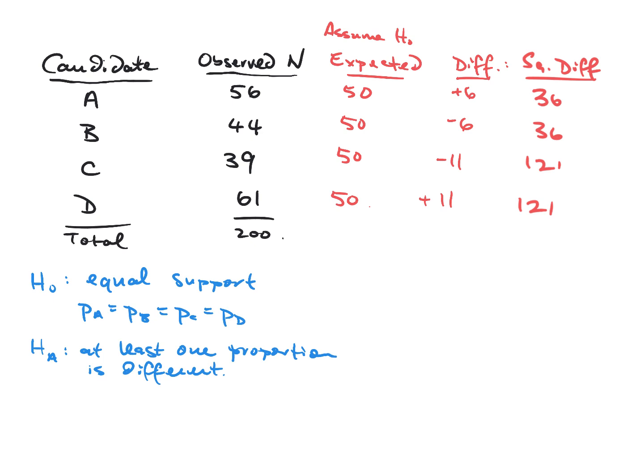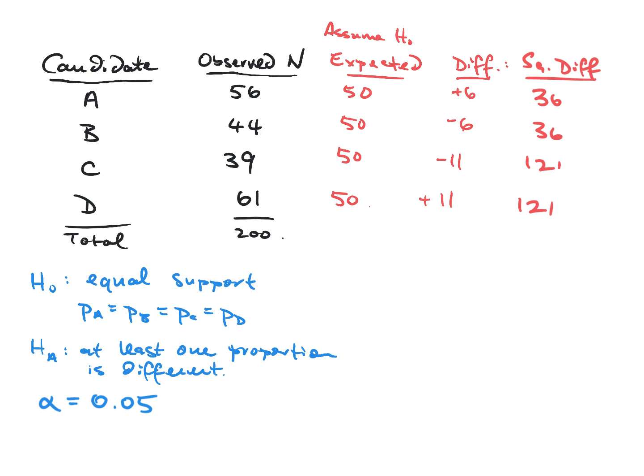Final thing that I should have done: when I stated my hypothesis, I needed to name a confidence level. So 95% confidence, alpha equals 0.05.